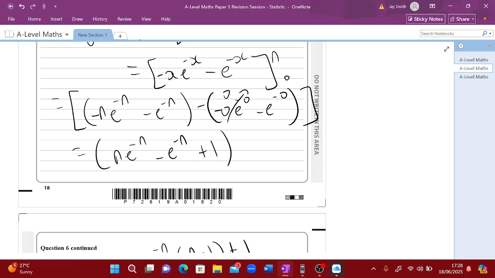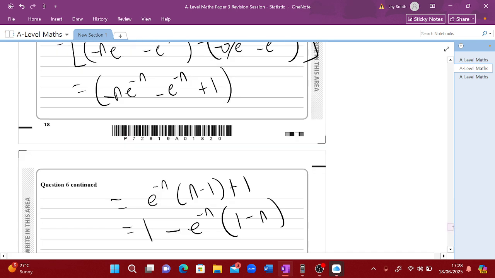I could have just factored the minus out, couldn't I, really? But oh well, we're here now. So that'd be minus e to the minus n plus 1. So that'll go to e to the minus n. I could factor a minus out, so that'd be n plus 1. So that'd be left with 1 minus e to the minus n, n plus 1. There we go, got there in the end.